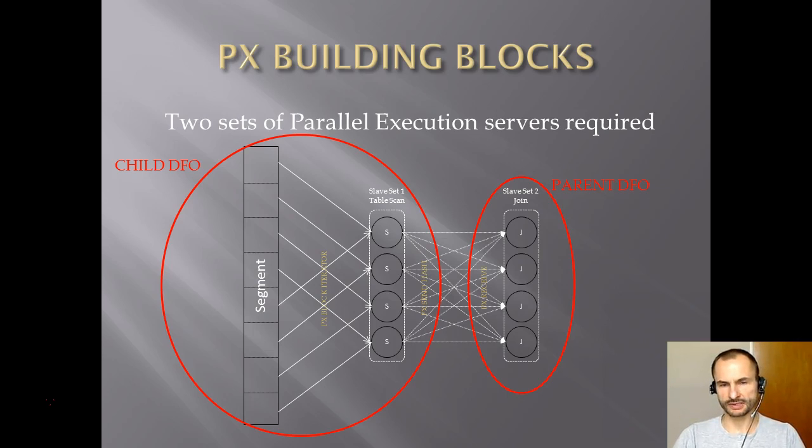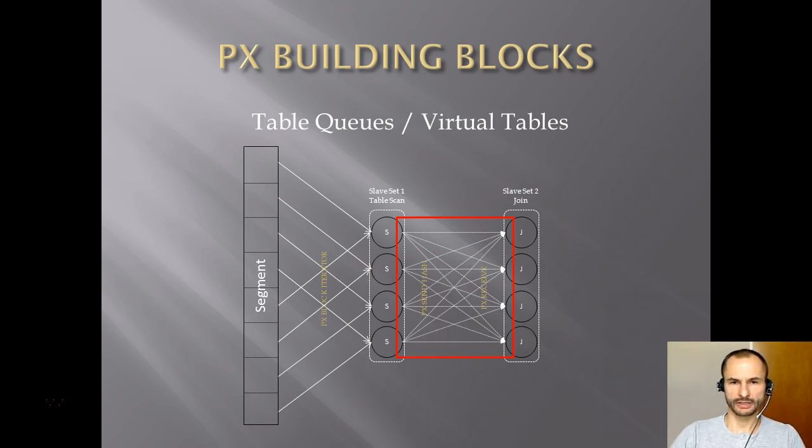So these are the two sets. The set that is producing the data is the child DFO, child data flow operation, and the other one consuming the data is the parent data flow operation. We come back to that later when we look at the execution plans.